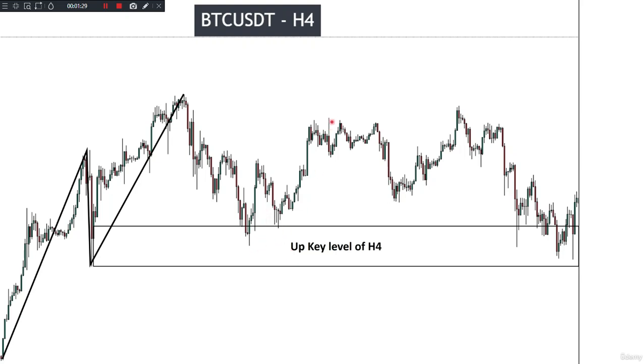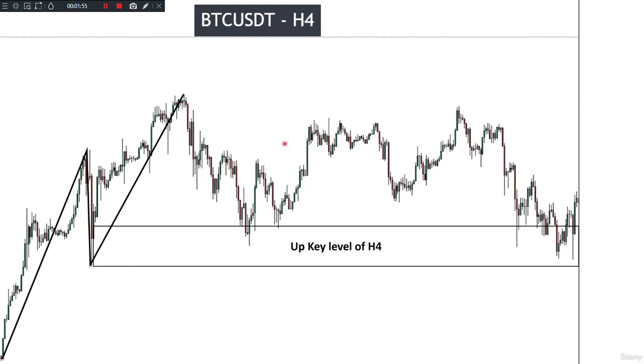Therefore, the market comes from the recent high into the key level, and then the price goes higher, and continues higher. It means that the buyers at the key level are very strong, and that is why we always focus on buying at the key level.